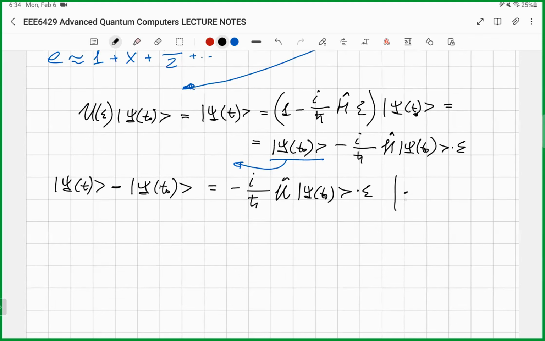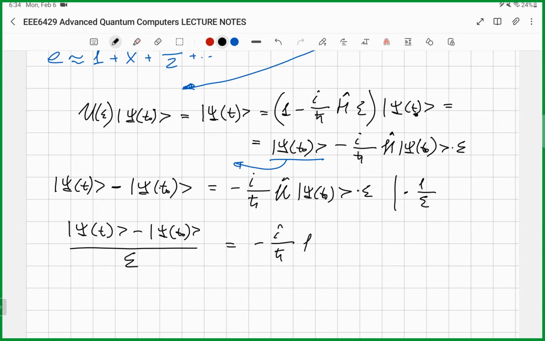Now I can divide both parts by epsilon, and I'll get the final result, basically: the difference over epsilon is equal to minus i over h bar Hamiltonian psi of t sub 0.